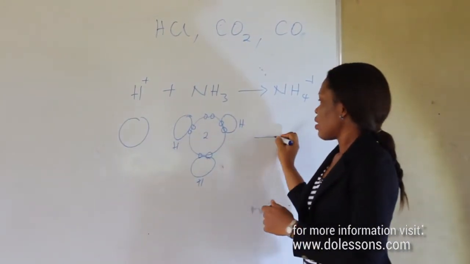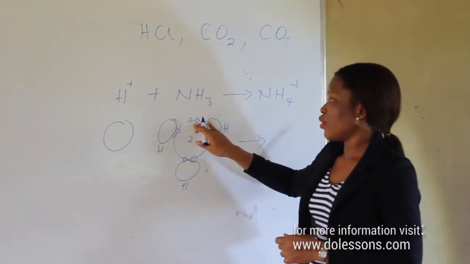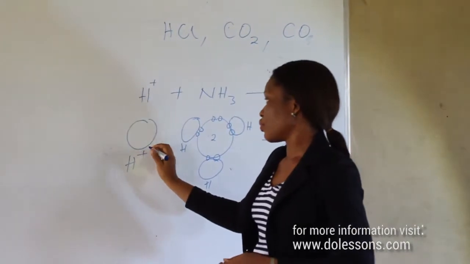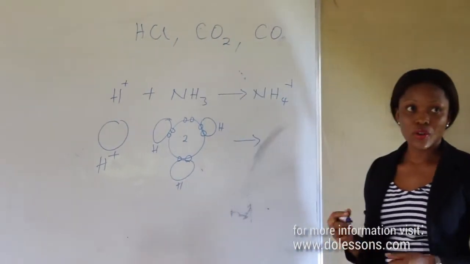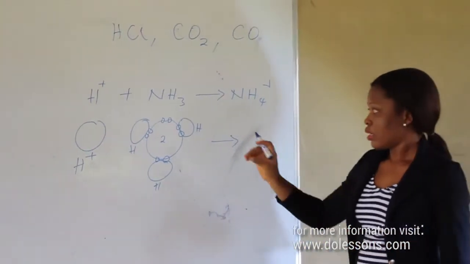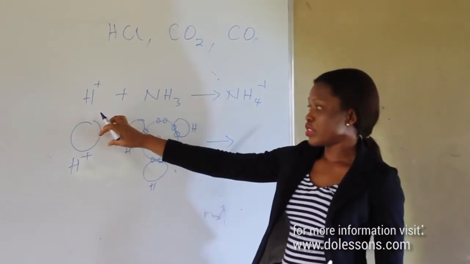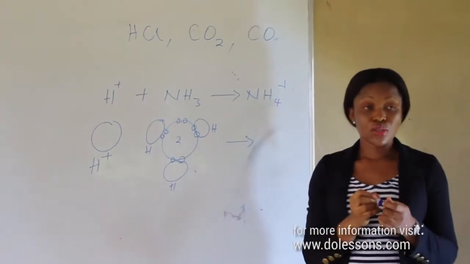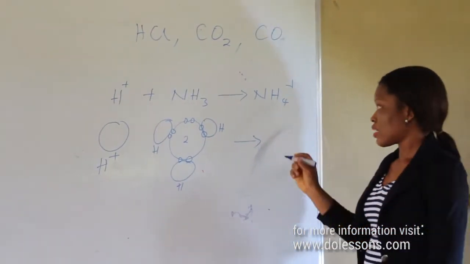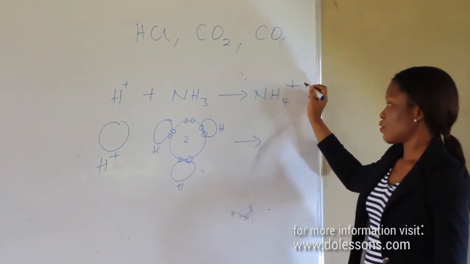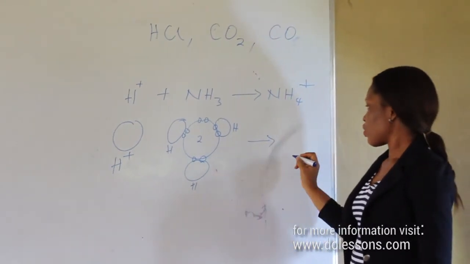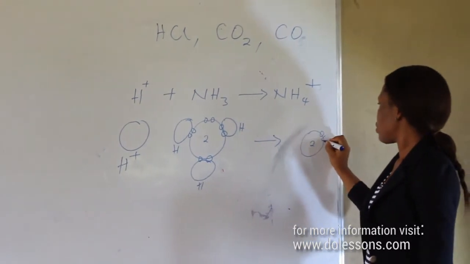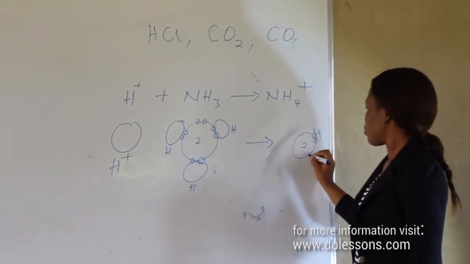So ammonia is going to supply this lone pair of electrons to the hydrogen ion to form what we call a coordinate covalent bond. The 2 electrons will be brought and hydrogen ion will get to share the lone pair of electrons. That's how ammonium ion is formed. In this case, we are going to have something like this.